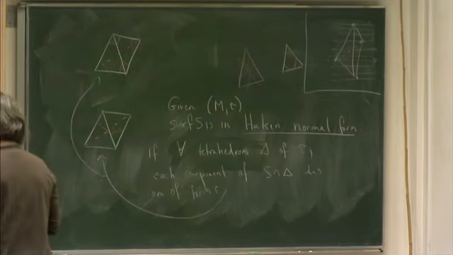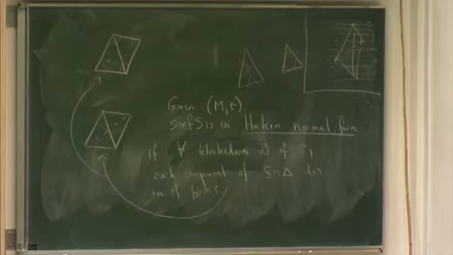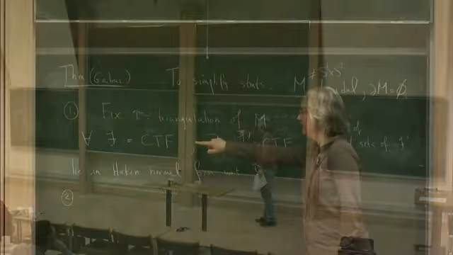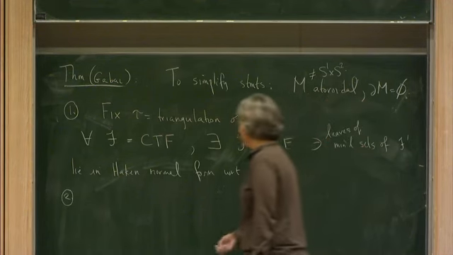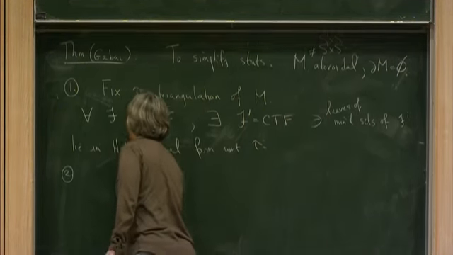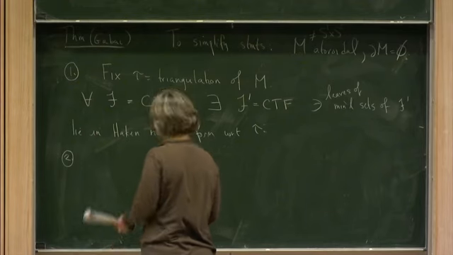Right. Okay, so one is that if I fix a triangulation tau, then it might be that I have to do something a little bit odd, but it's not too odd. And we have something that does lie in Haken normal form with respect to the triangulation.